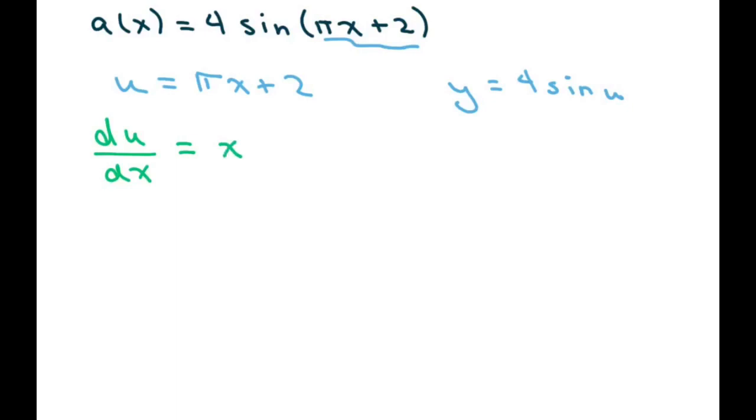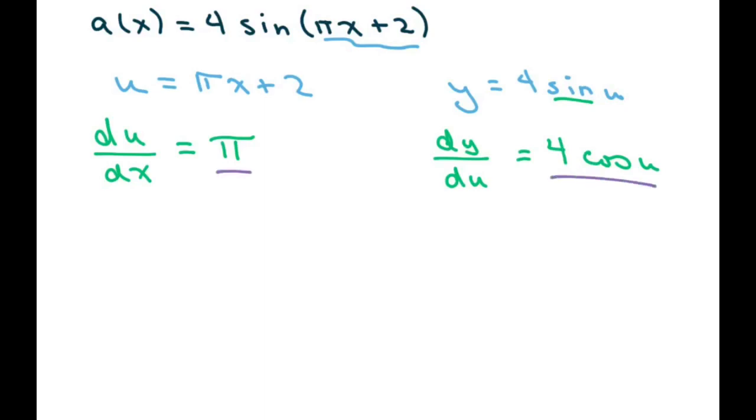And that gives you pi, sorry. I knew I did something wrong, pi. Now the derivative of y with respect to u is the derivative of sine, which is just cosine, so that's going to be 4 cosine of u. Now we multiply these two together, so you get derivative of a of x equals pi times 4 cosine of u.